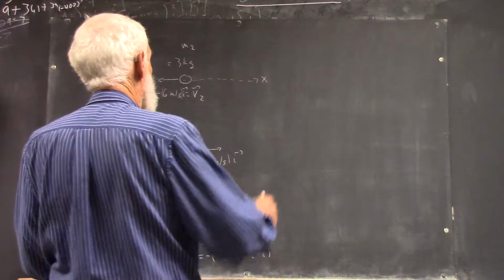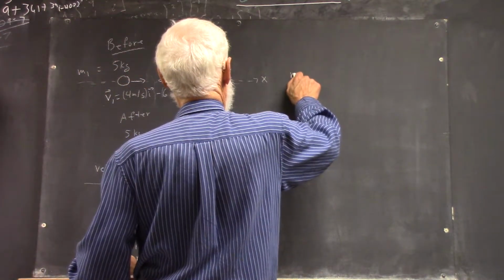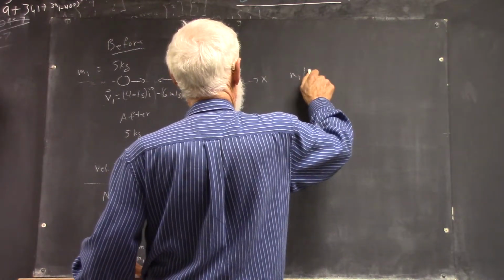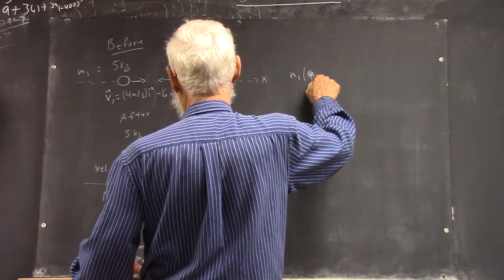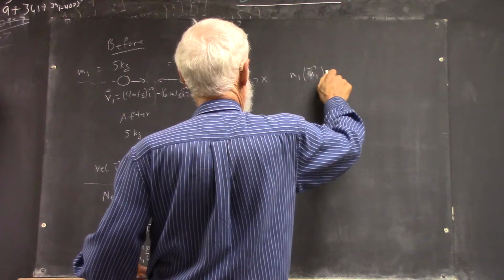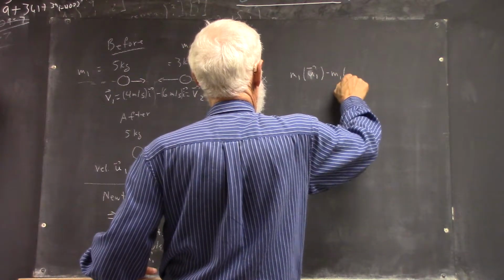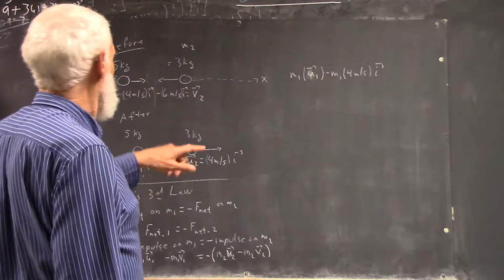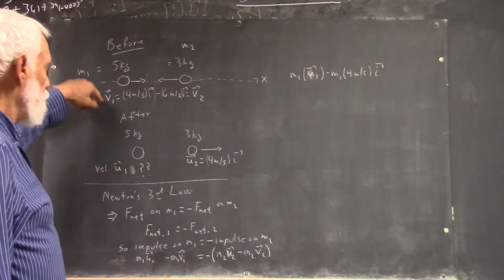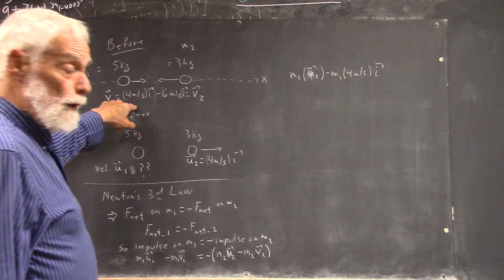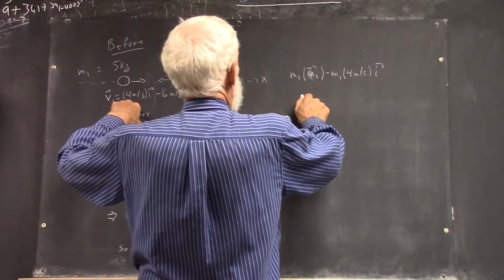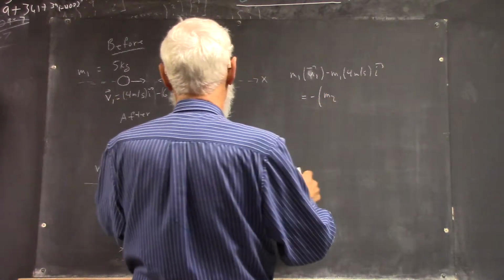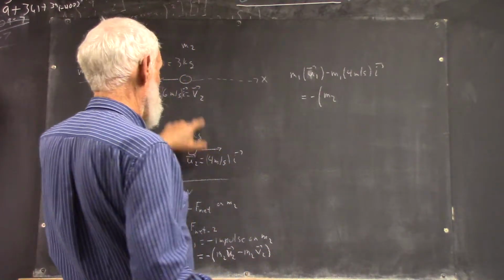Which means then that M1 times U1 minus M1 times V1, V1 being 4 meters per second times I, has to equal the negative of M2 U2. Of course, that's your final velocities.